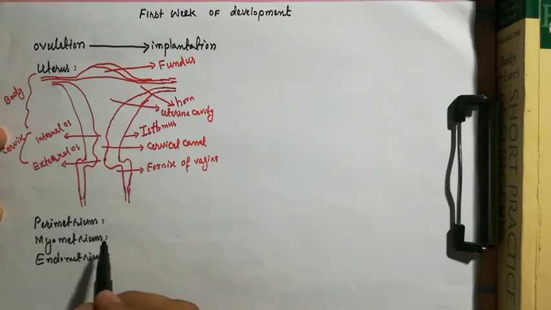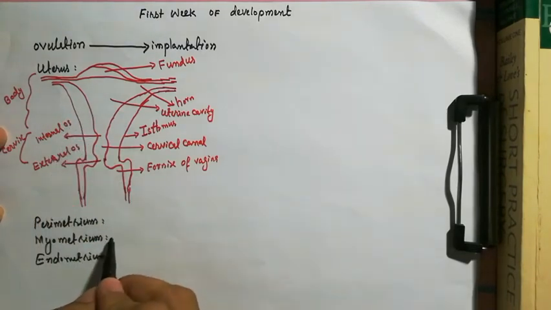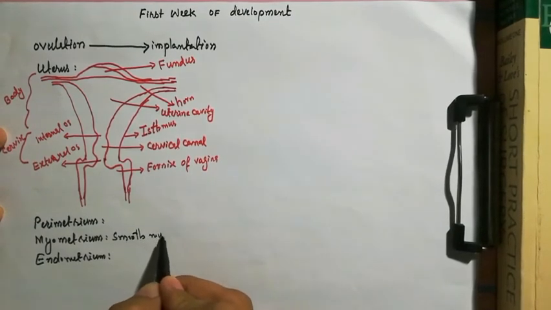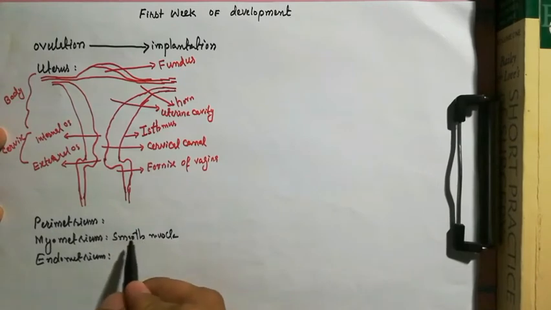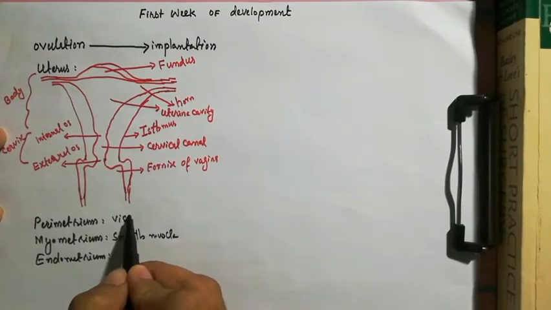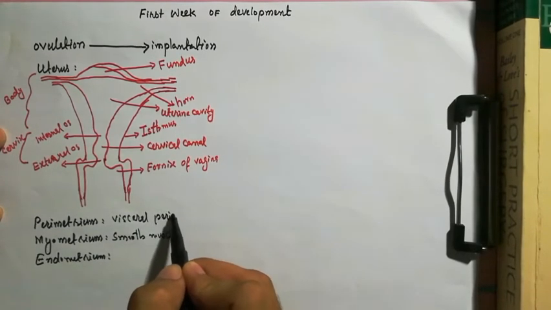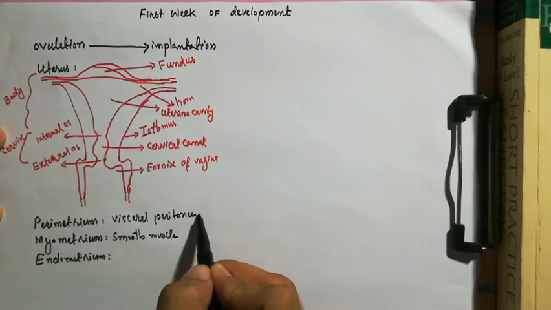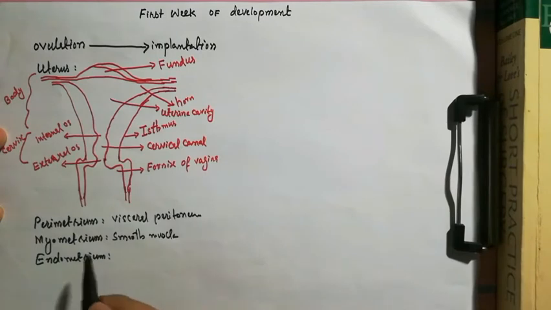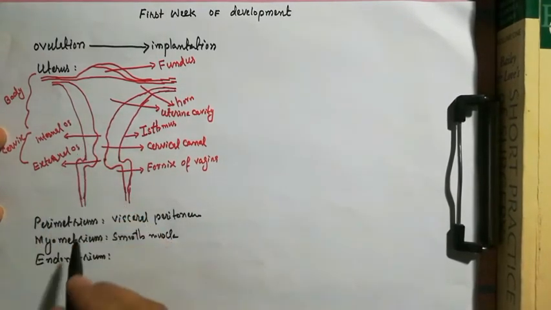Myometrium is middle thick layer which is composed of smooth muscle. And the inner layer is endometrium.